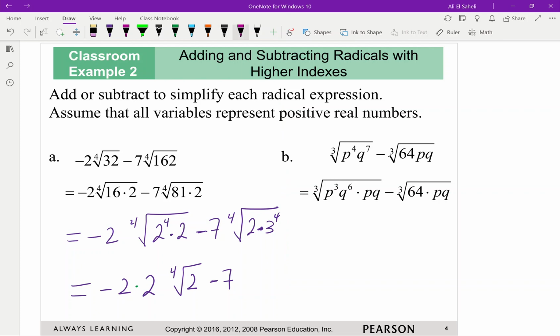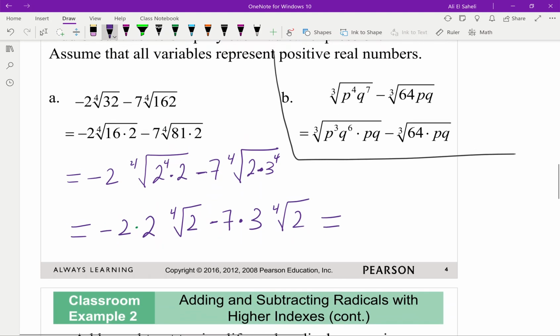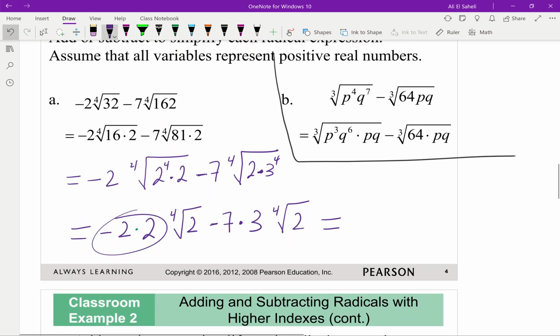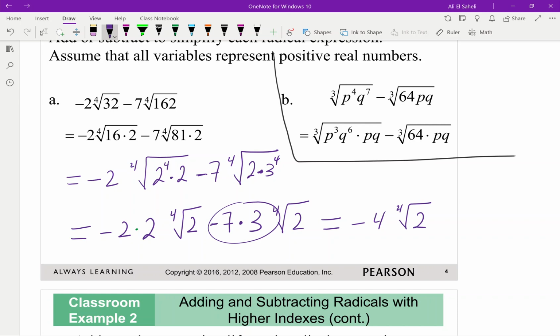Similarly, we have 3 to the power 4 under the fourth root. They cancel out, so 3 comes out. And what's left is the 2, fourth root of 2. This equals minus 4 fourth root of 2, minus 21 fourth root of 2.